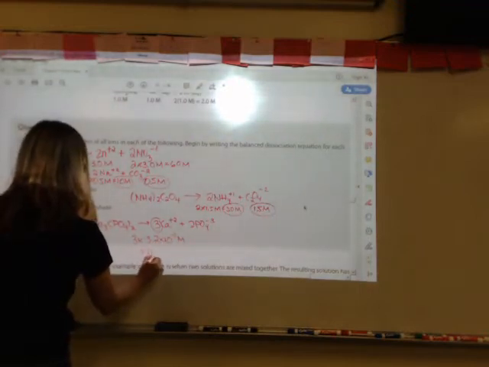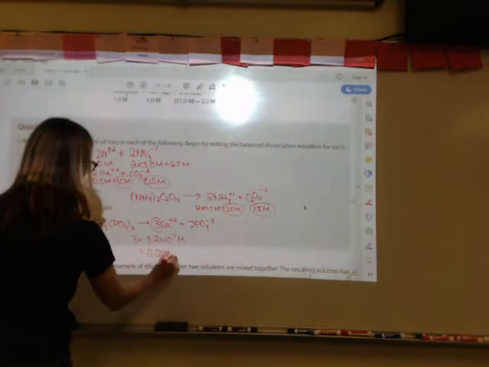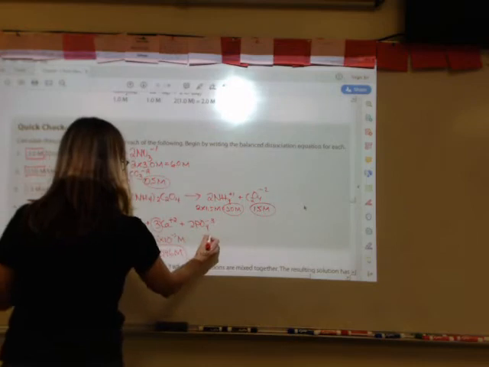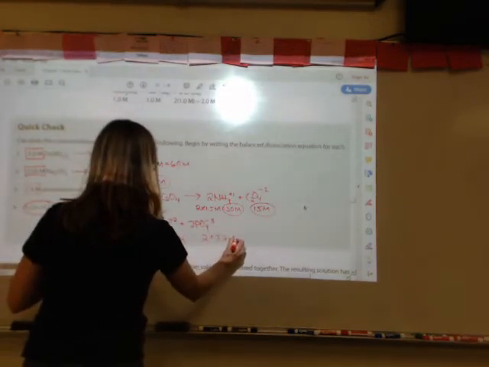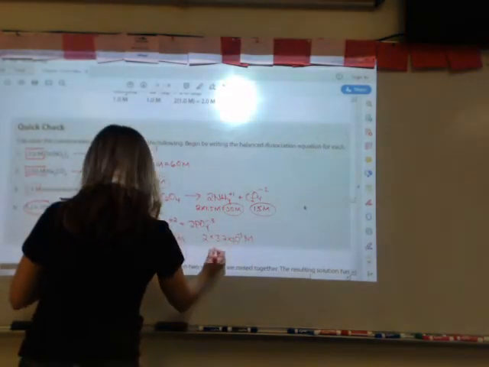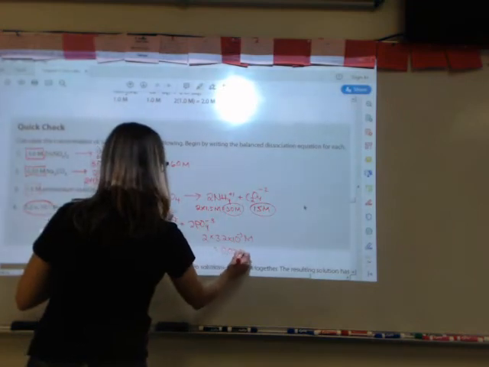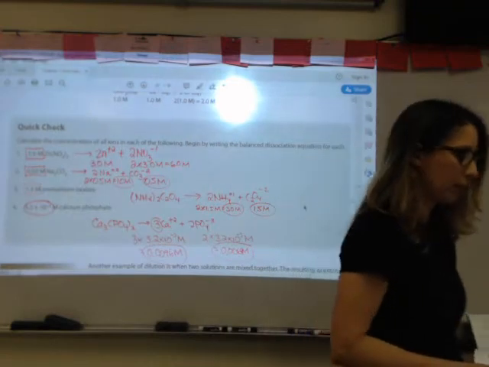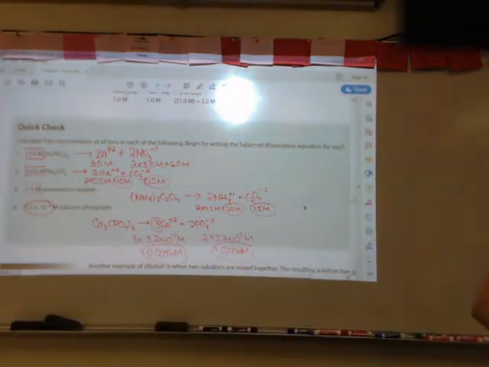So the calcium ion concentration is 0.0096. 2 phosphate ions times 3.2 times 10 to the negative third molarity will give you 0.0064 molarity for the concentration of phosphate ions in that solution.